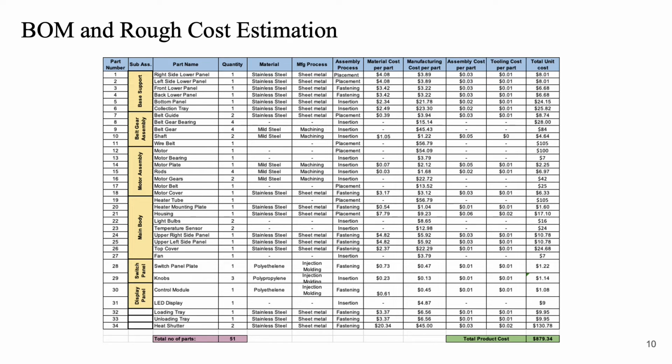We used principles presented in class lectures along with our best engineering judgment to generate our initial bill of materials and rough cost estimation for each part, and therefore our total unit production cost for our oven. We expect the price of about $880 per oven can be decreased via design for assembly and design for manufacturability.